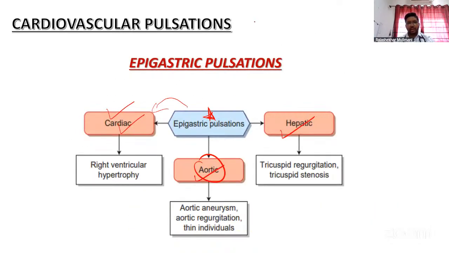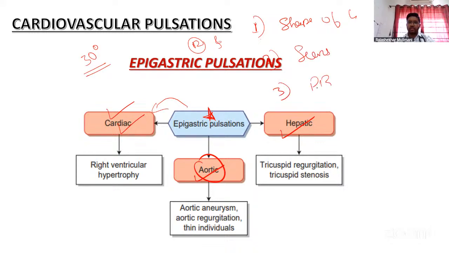So, to summarize inspection, the patient has to be put in the supine position with 30-degree elevation. You need to look tangentially from the foot end and also from the right side. You need to look for the shape of the chest, any scars, and the precordial bulge. Try to see whether the apical impulse is present or absent, I mean, seen or not seen.